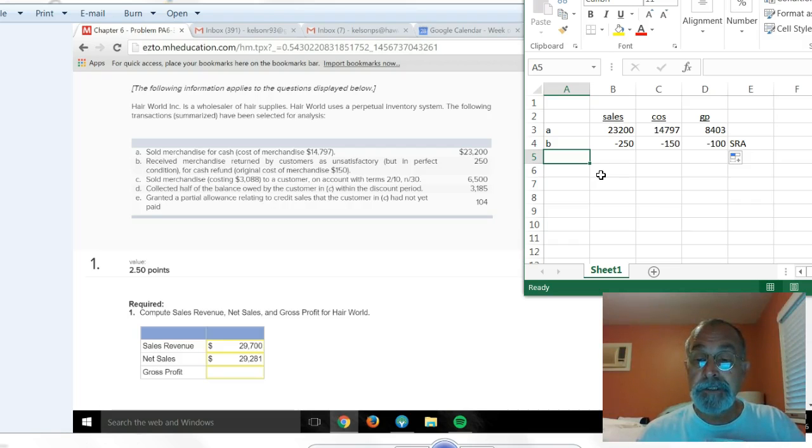So everything that was done to record the original sale would essentially be reversed. As long as that merchandise is in saleable condition, and the transaction does say that it's in perfect condition, so we will be able to return that merchandise to our inventory.